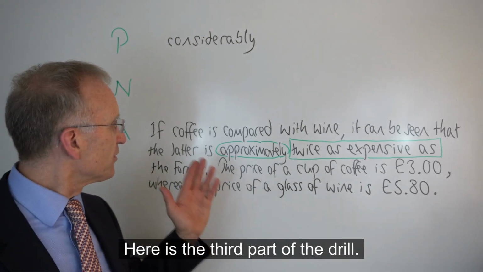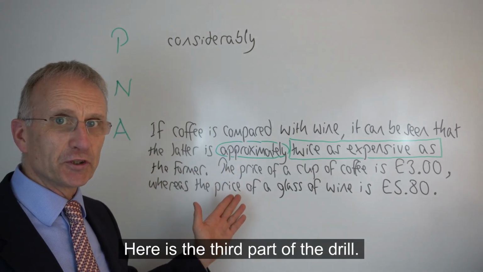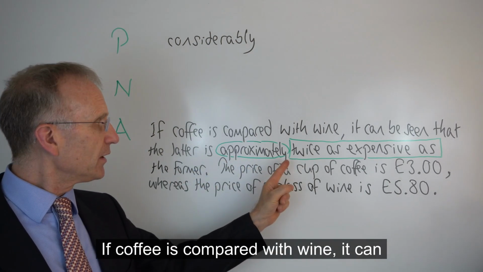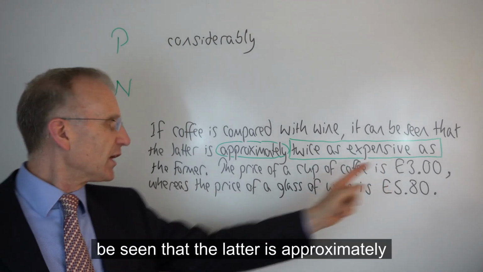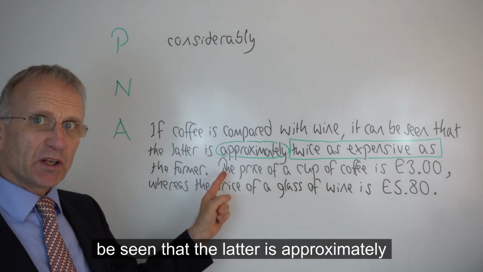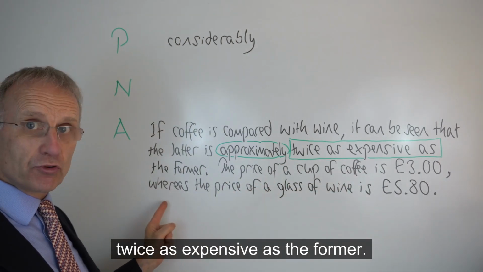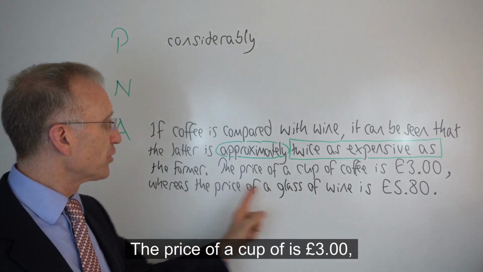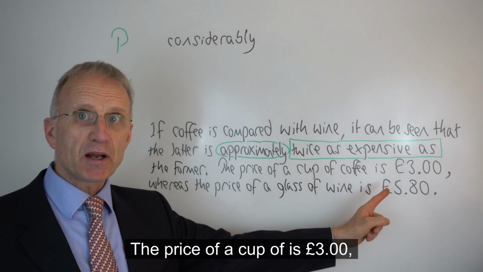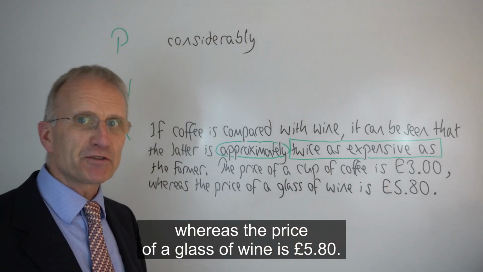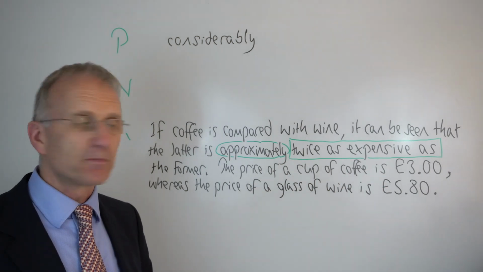Here is the third part of the drill. If coffee is compared with wine, it can be seen that the latter is approximately twice as expensive as the former. The price of a cup of coffee is £3, whereas the price of a glass of wine is £5.80.